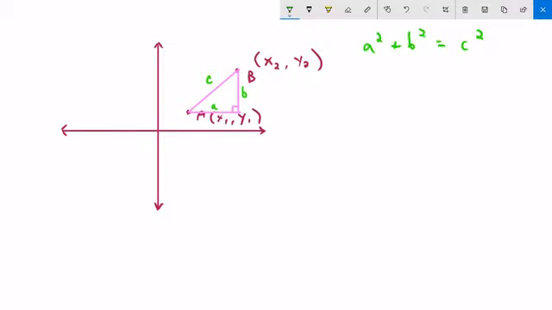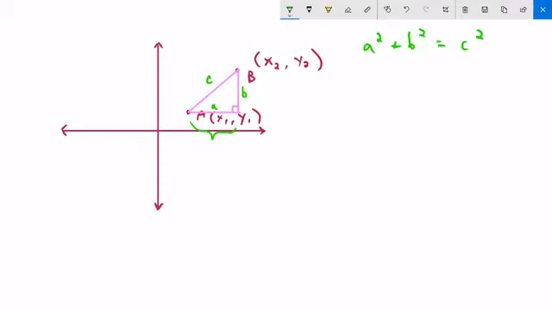How do we find the actual distance between a point? Remember, for the segment, we just subtract one from the other. How would I find the distance between the x value of A and B? How would I find this distance right here? Well, remember, x is the horizontal distance.